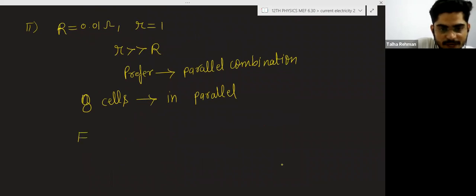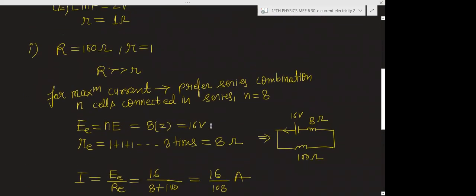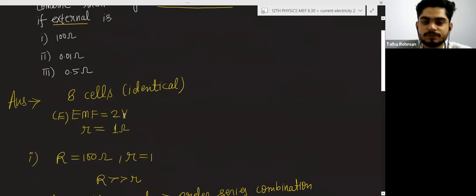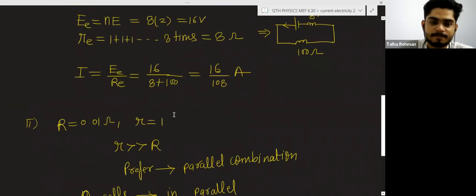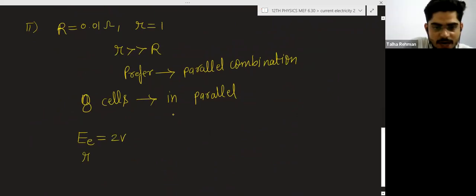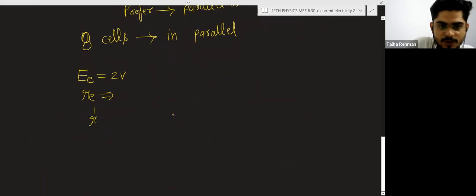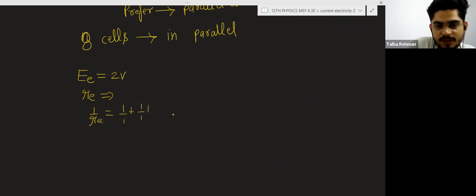So what is the E equivalent? E equivalent will be 2 volt. Okay? Yes, sir. And what is R equivalent? When you calculate, you will write 1 upon R equivalent is equal to 1 by 1 plus 1 by 1, meaning you will just add this 8 times.